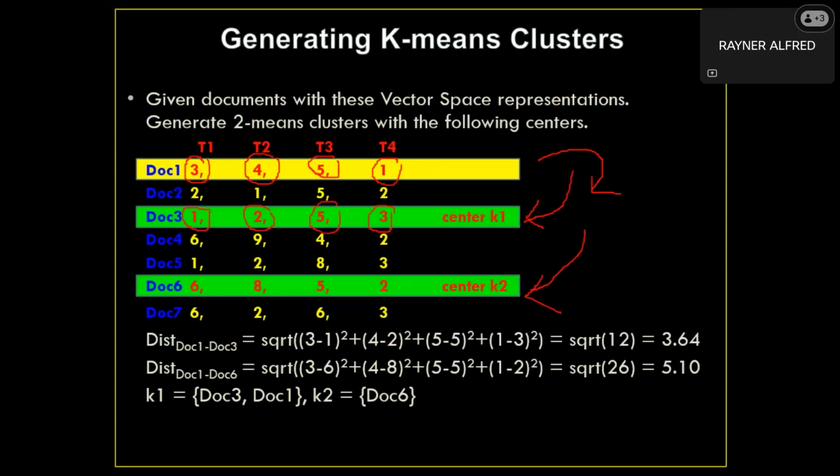So meaning that, okay, 3 minus 1, 4 minus 2, 5 minus 5, 1 minus 3. So 3 minus 1, you take the square because you want to nullify the negative portion there. This is 4 minus 2, 5 minus 5, 1 minus 3. Contohnya macam ni ya. This is 1 minus 3, you get minus 2.